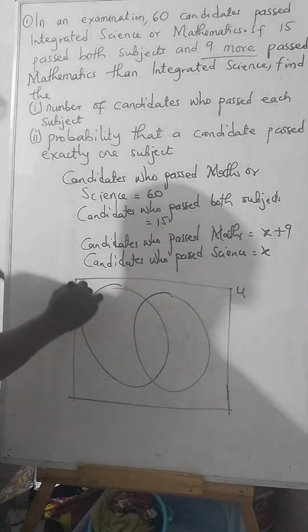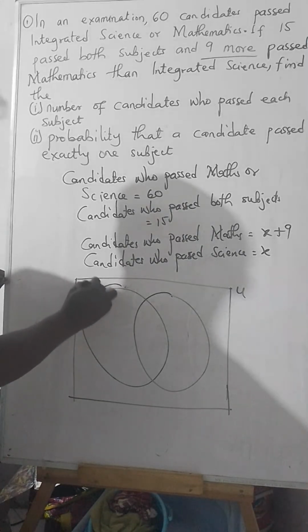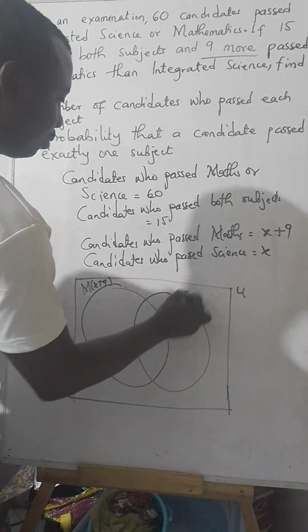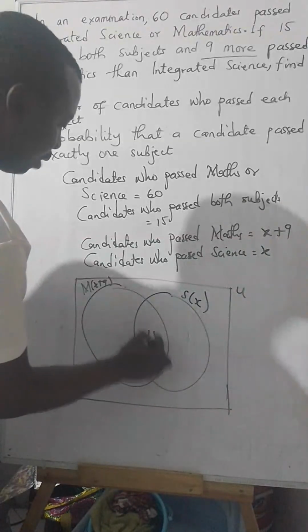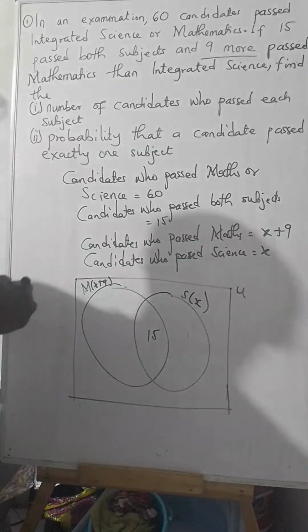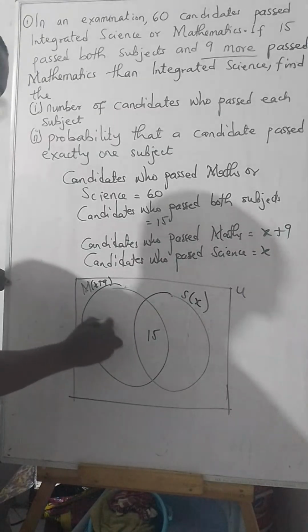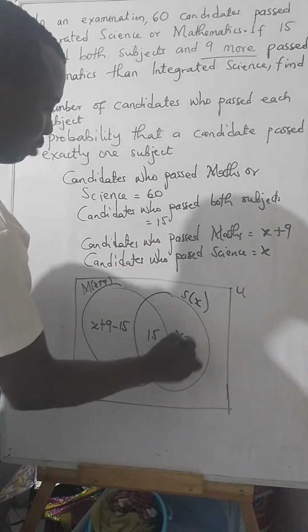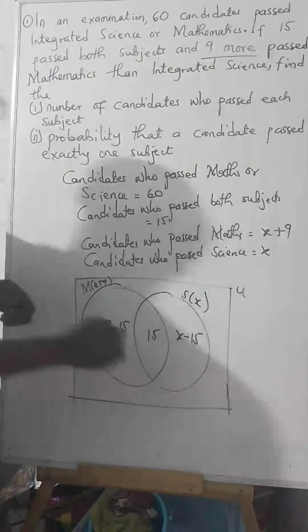We have the maths here, that is x plus 9, and the science, that is x, with 15 for both subjects. We have x plus 9 minus 15, and then x minus 15.